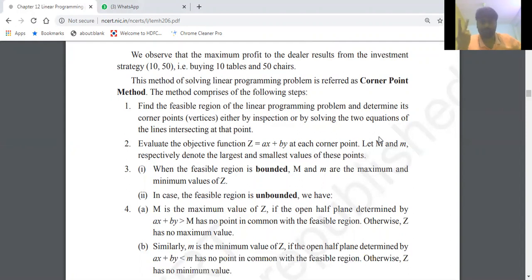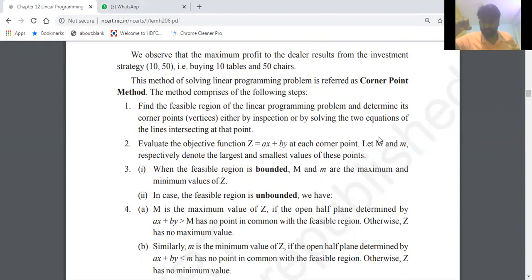Mostly, we don't need those, right? Because solving the problem is important, correct or not? In ISC also, we are going to solve this type of LPP by using the first method, this method only, the corner point method. Okay, corner point method. Of course, what are the corner points we have discussed?